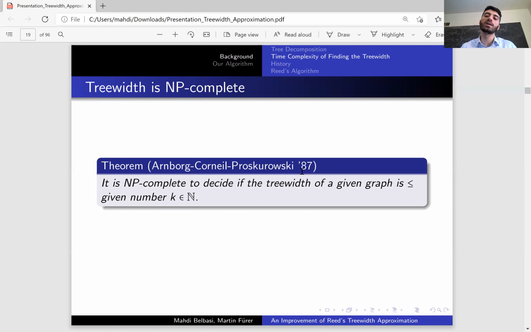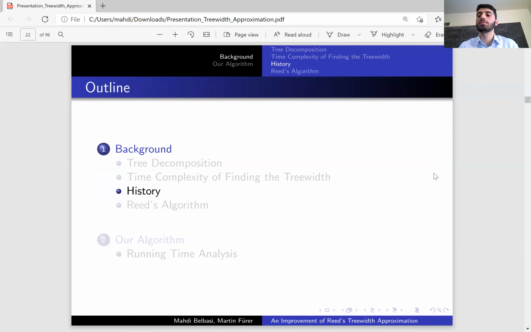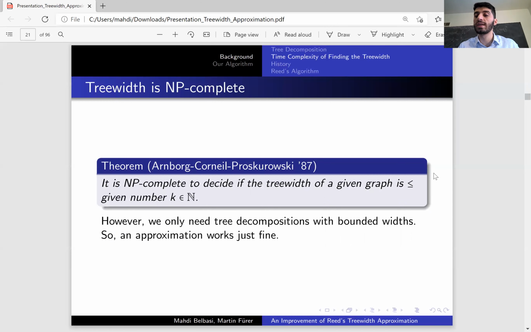But deciding the tree width itself is NP-complete. That's what Arnborg et al. showed in '87. So we also need to find that tree decomposition, but it is difficult to find, it is NP-complete, but we can approximate that.